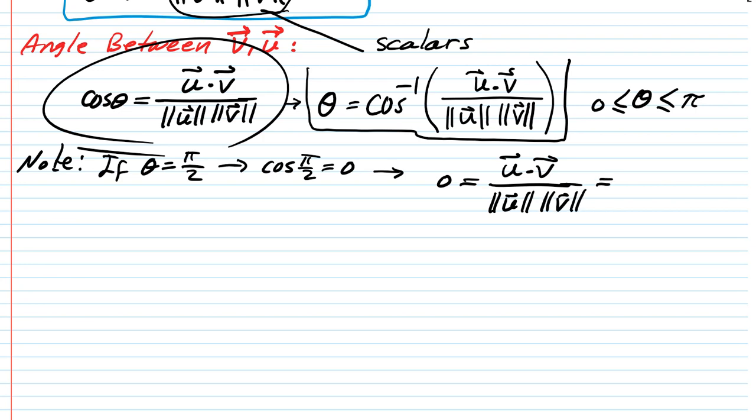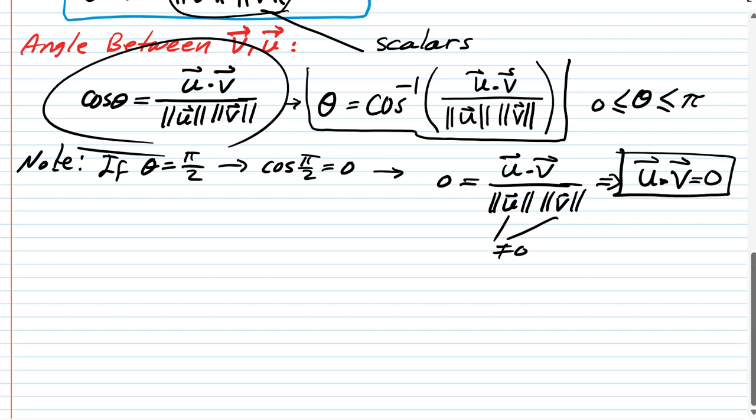And in order for this fraction to be 0, because the magnitudes are scalars that are not 0, the numerator has to be 0. That means u dot v, the inner product, has to be 0.